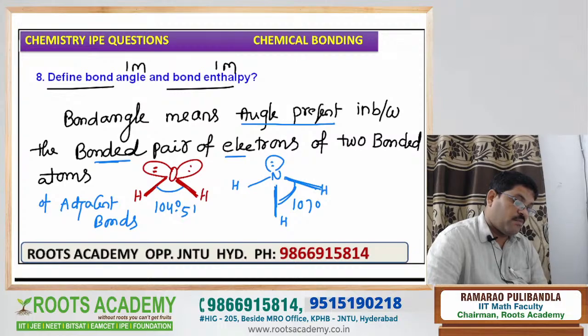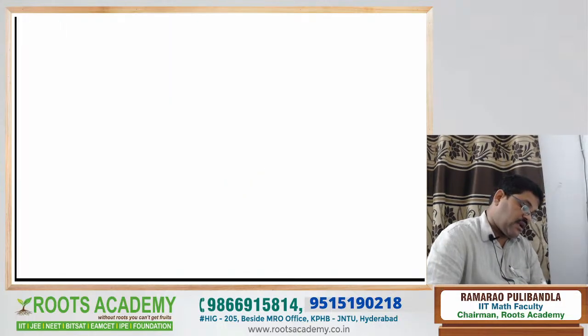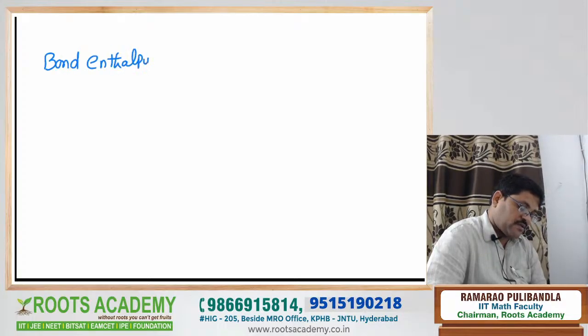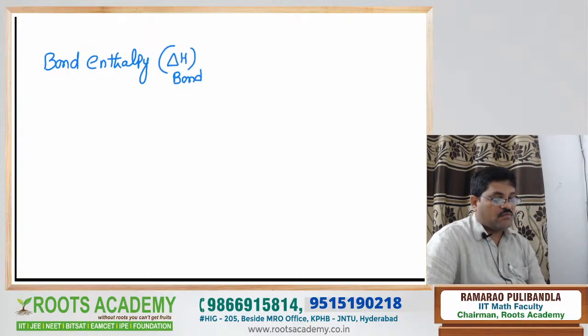Now how do you define the bond enthalpy? That is very important. Bond enthalpy is defined as, now see, the symbol taken is what? Delta H of the bond, the symbol of the bond enthalpy.